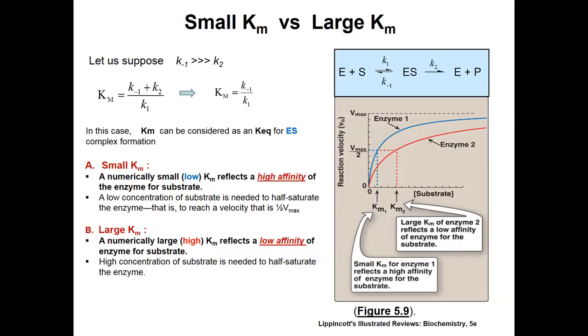They both work on the same substrate, okay? The Km for enzyme 1 is right there, and the Km for enzyme 2 is here. Which one has the highest affinity for this substrate? Km1, right? Because it has the lowest Km. So even though they are two different enzymes, they're both working on the same substrate.